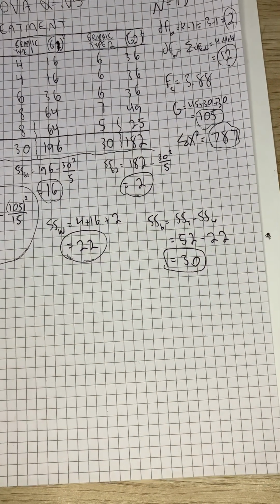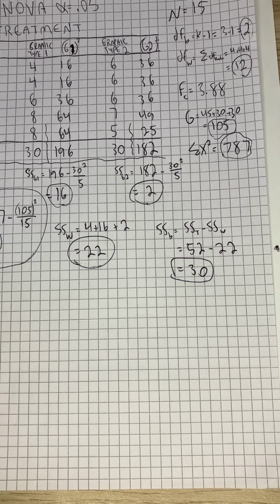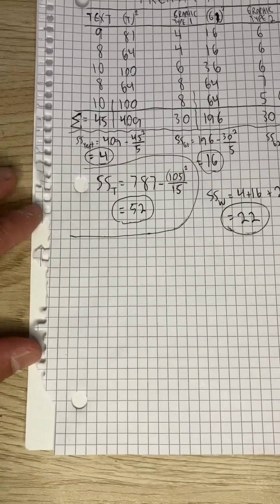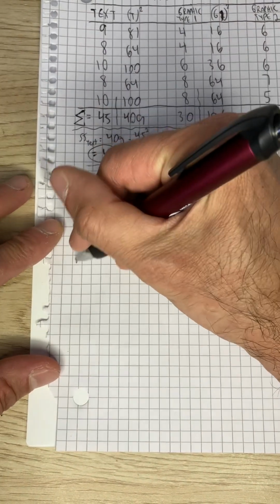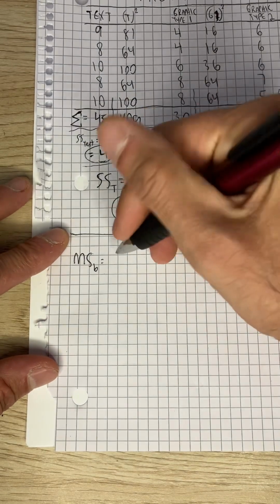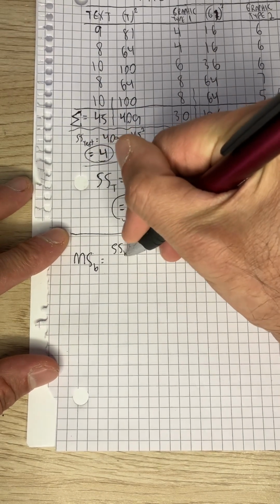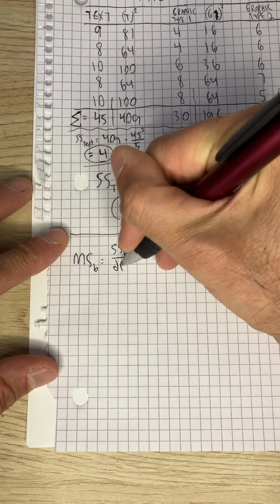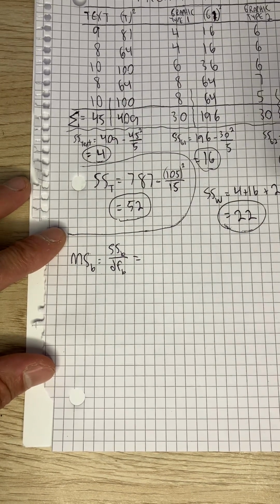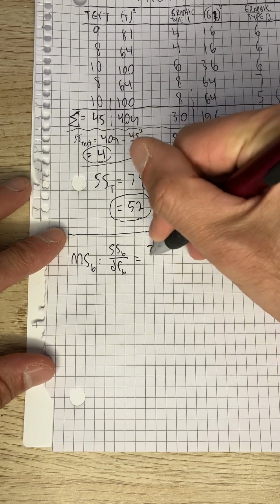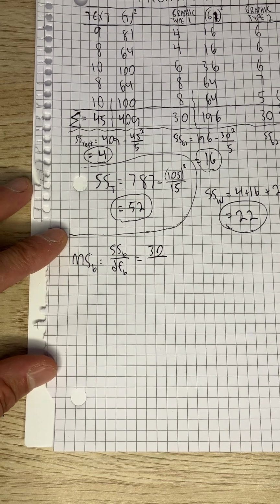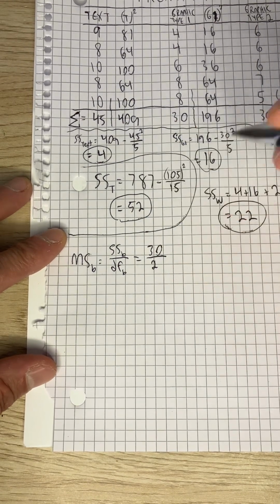Now I have the sum of squares within and between, so I can start finding the mean squares. The mean squares between is the sum of squares between over the degrees of freedom between. Sum of squares between was 30, over degrees of freedom between, which was little k minus 1, so that's 2.